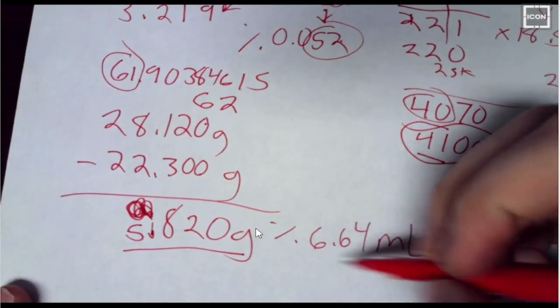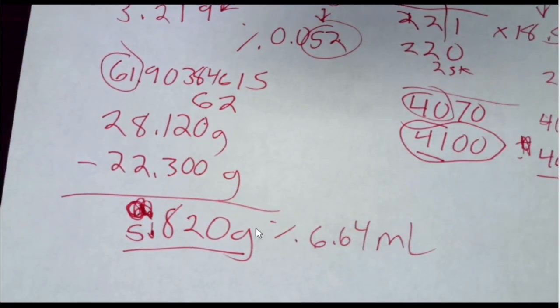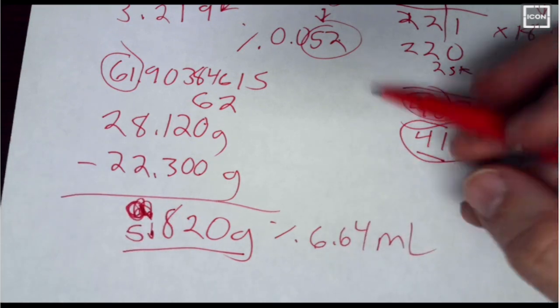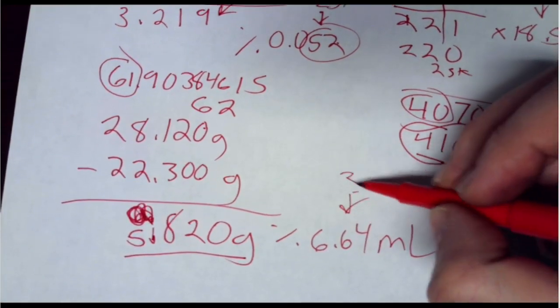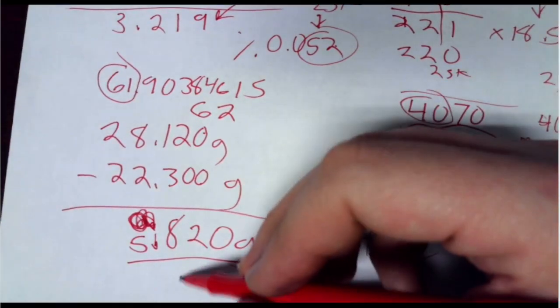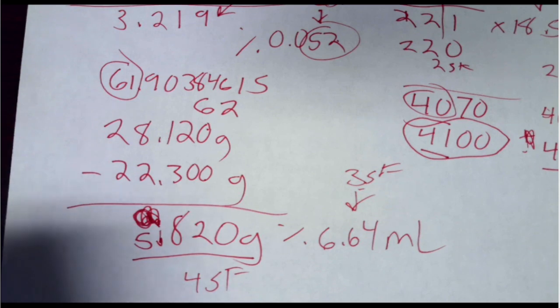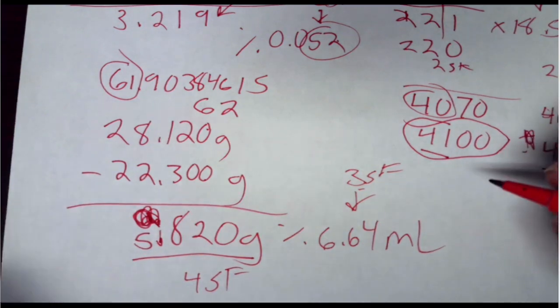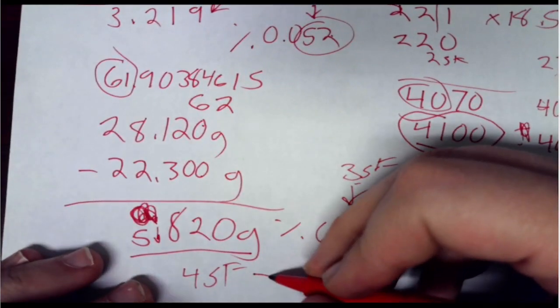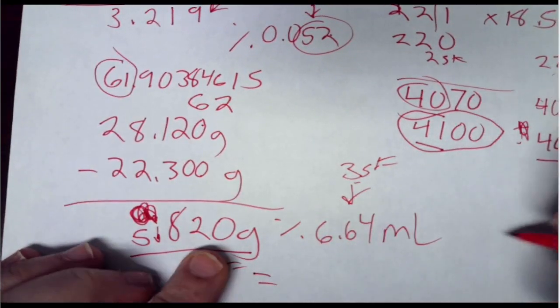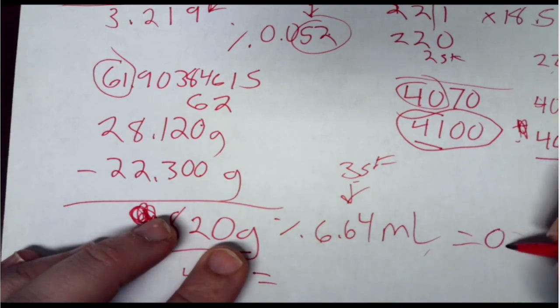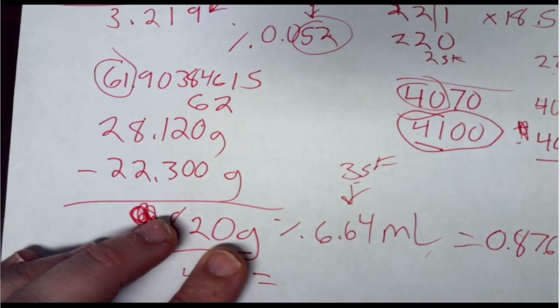Now we divide 6.64, which is 3 sig figs. This is 3 sig figs, and that is 4 sig figs. So even though we may know the mass very accurately, we do not know the volume nearly as accurately. So I do that, and I get an answer that is 0.876506024.